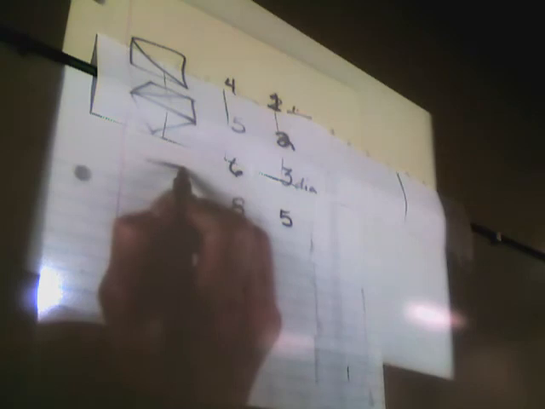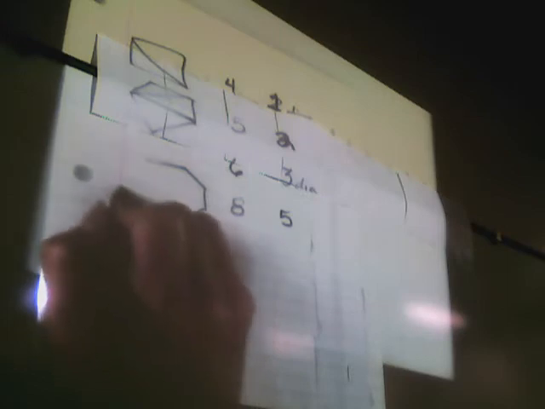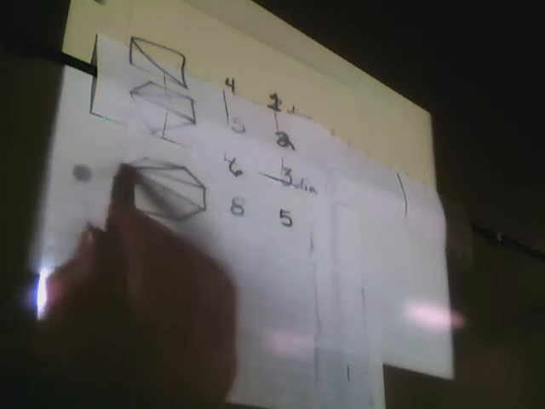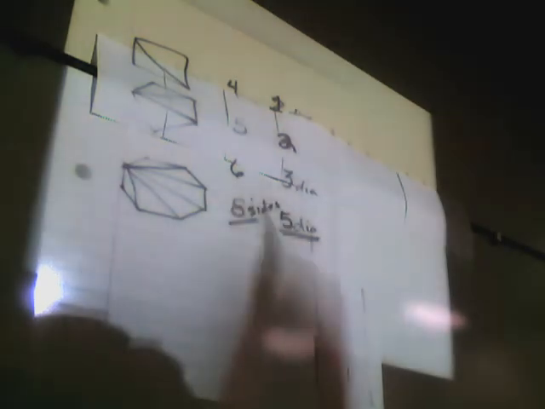The diagonal 1, 2, 3, 4, 5, 6, 7, 8. So from here, 1, 2, 3, 4, 5 diagonals. So if it has 5 diagonals, it has 8 sides. So it's got 3 more sides than it has diagonals.